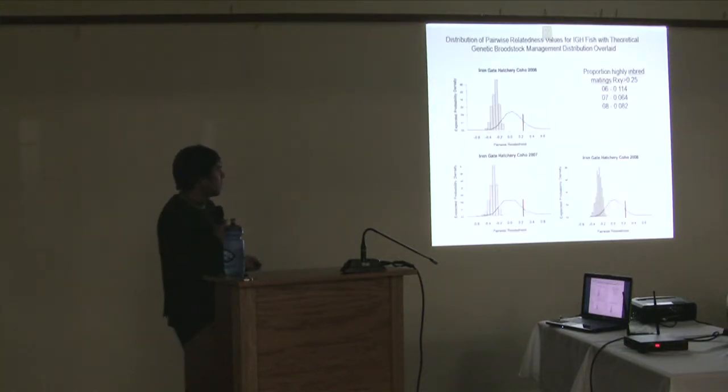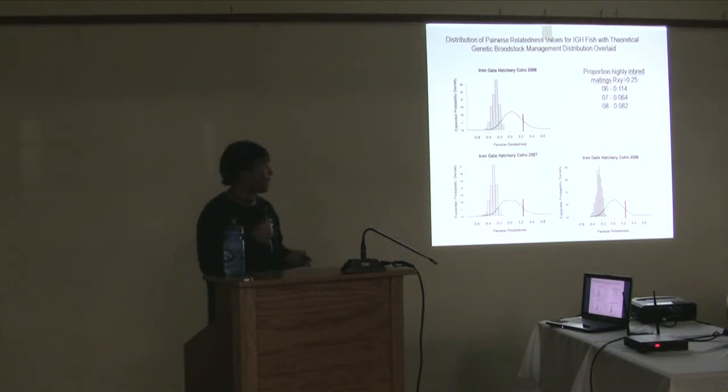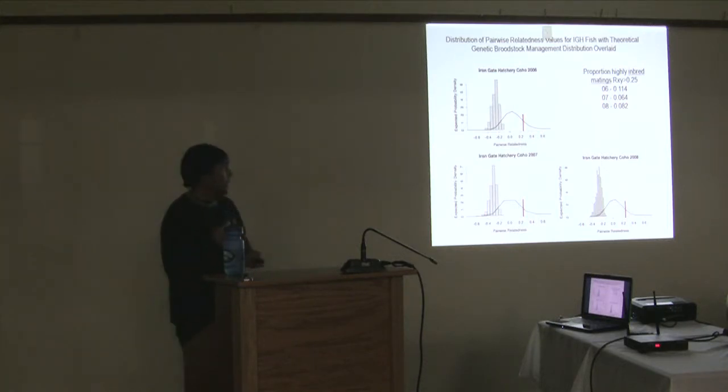So hopefully at this point I've convinced you that there's been a fairly strong influence of hatchery practices at Iron Gate, both on the Iron Gate stock, but also on natural populations in the Klamath River Basin. And so now I'm going to talk a little bit about the actual Iron Gate stock.